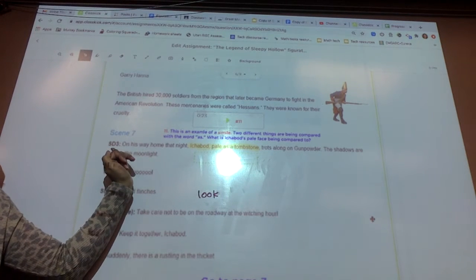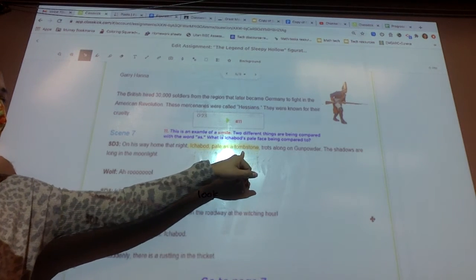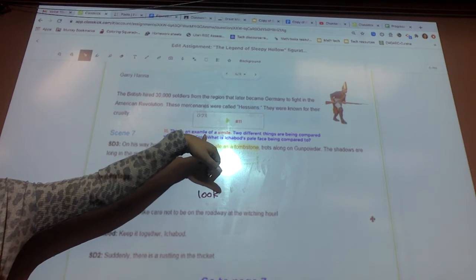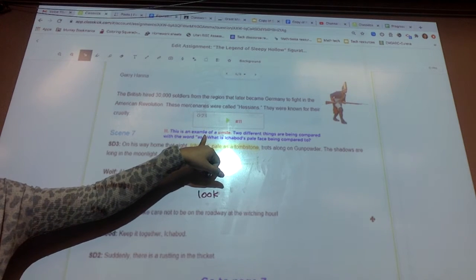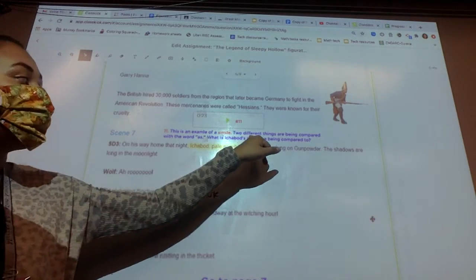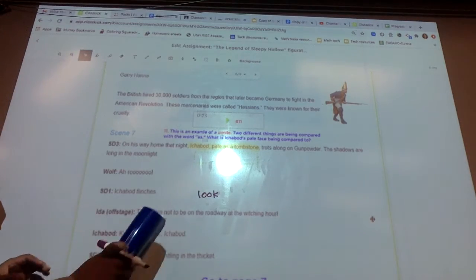On his way home that night, Ichabod, pale as a tombstone. This is an example of a simile. Good, because it uses the word as. Two different things are being compared with the word as.